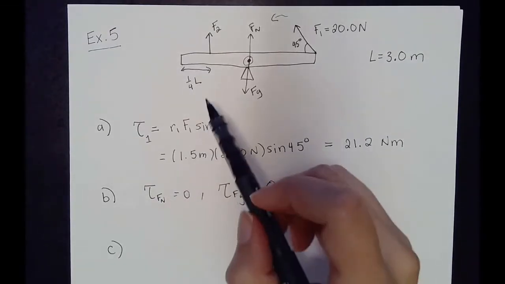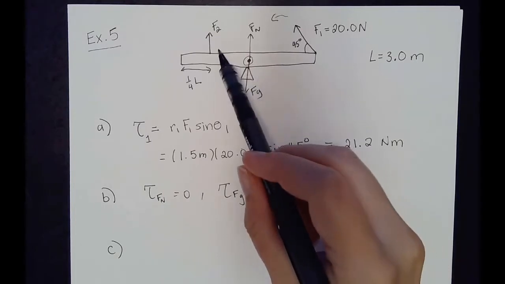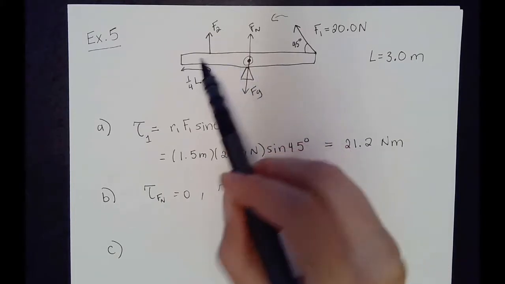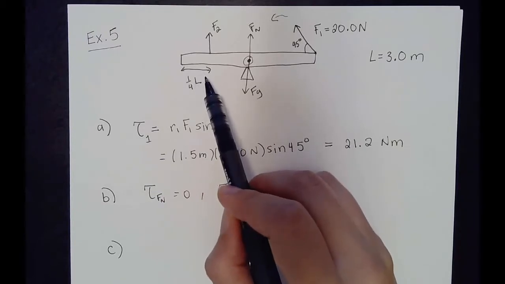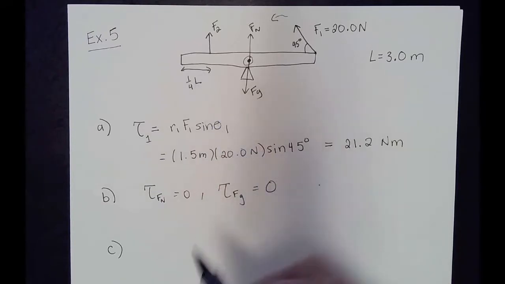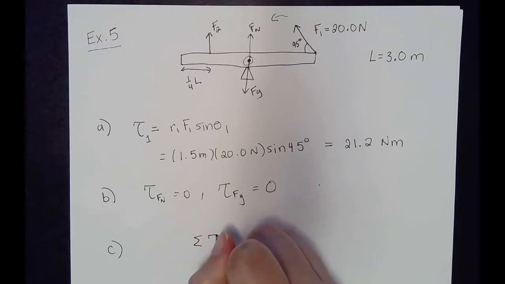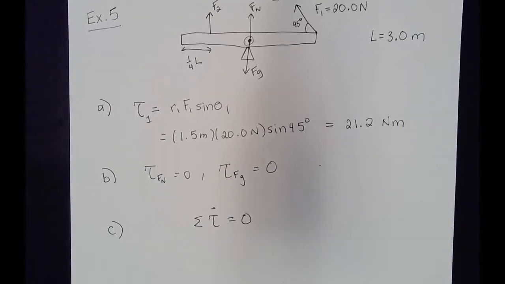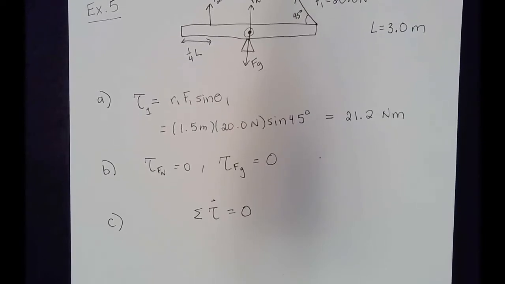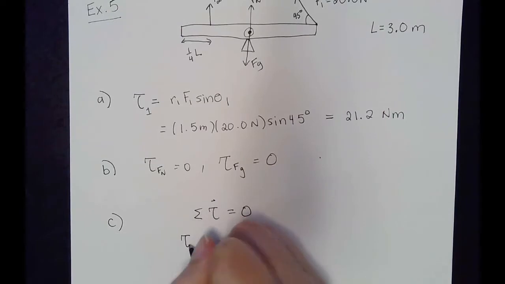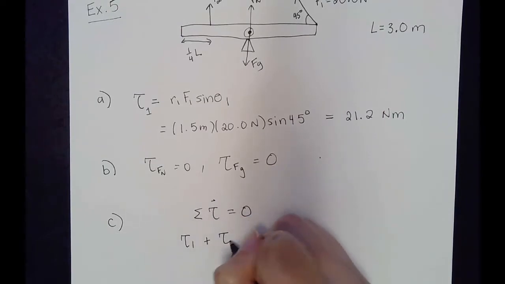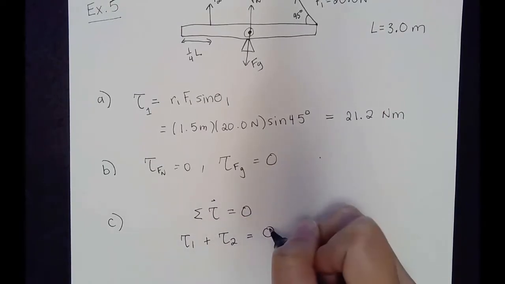Okay, now we're told that the object is in equilibrium and asked to find the value of F2, which is at 1/4 L from this end of the beam. So let's use the second condition of equilibrium, which says that the sum of the torques acting on the object is equal to 0 since it's not rotating. So since these torques are 0, we'll have the torque due to force 1 plus the torque due to force 2 equal to 0.